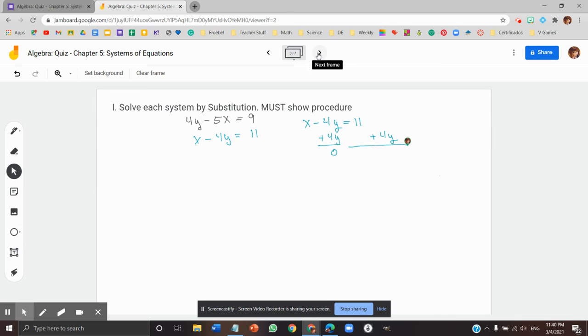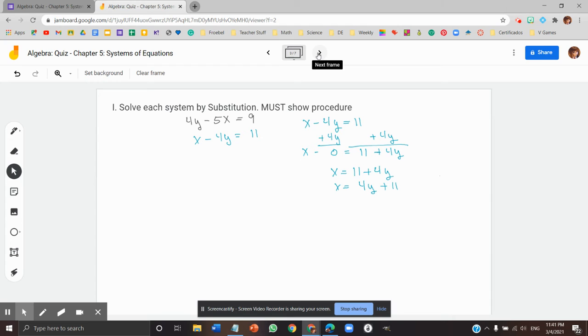And this is going to be 11 plus 4y. And I'm going to have my x there. So at the end of the day, x equals 11 plus 4y. I can also write this as x equals 4y plus 11. It doesn't really matter, okay?